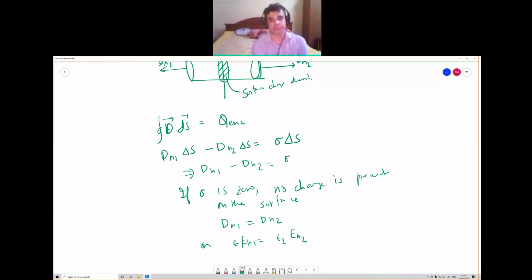Any questions regarding this? So if there is no charge on the surface, the normal component of the electric flux density vector is continuous, not the electric field. Any questions regarding this?